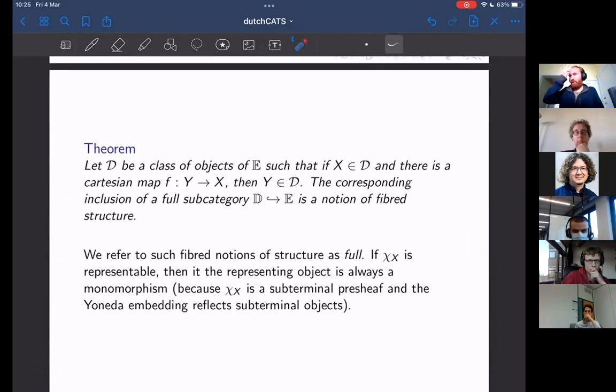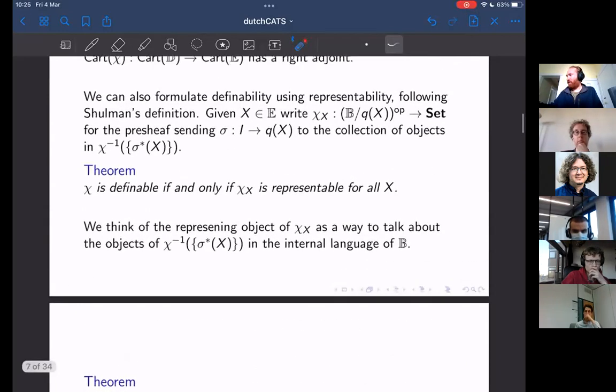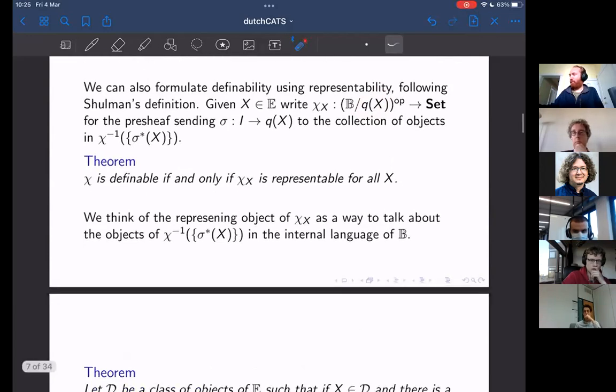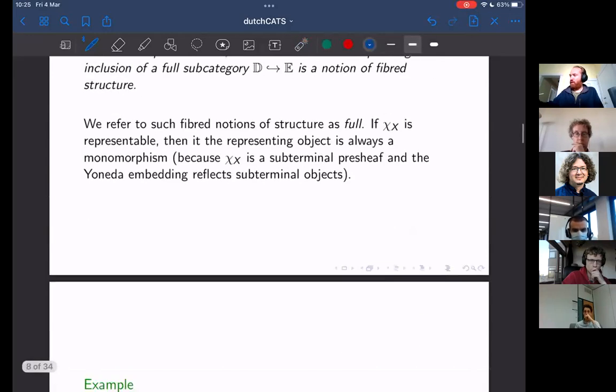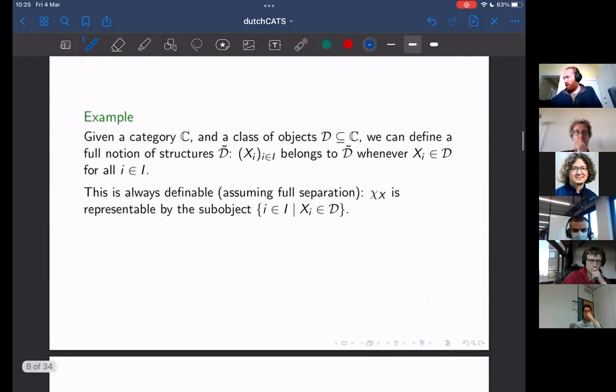And so this tells us that our representing map into Q of X has to be a monomorphism. So the way that we think about this is, maybe I even wrote this.